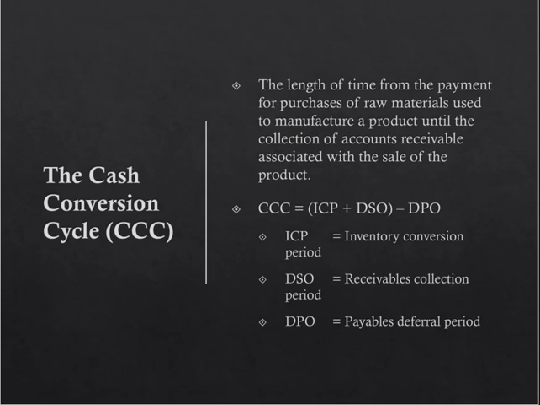Then you've got the DSO, which is days sales outstanding, the receivables collection period. So once you sell something, how quickly do you get paid for it? And then you've got the DPO, the deferred payables period, and that's essentially how long you can delay making payments to your suppliers.